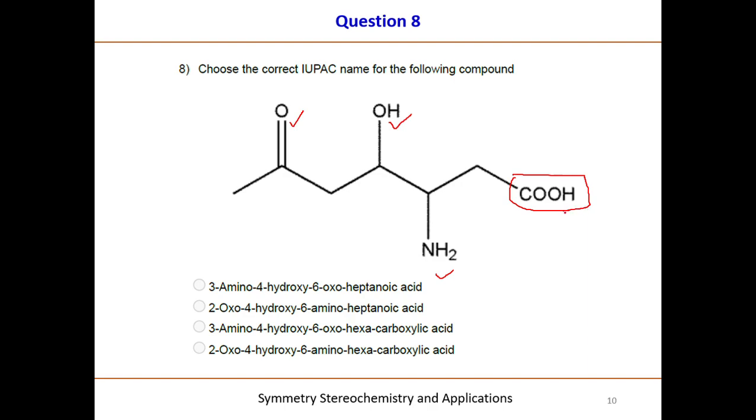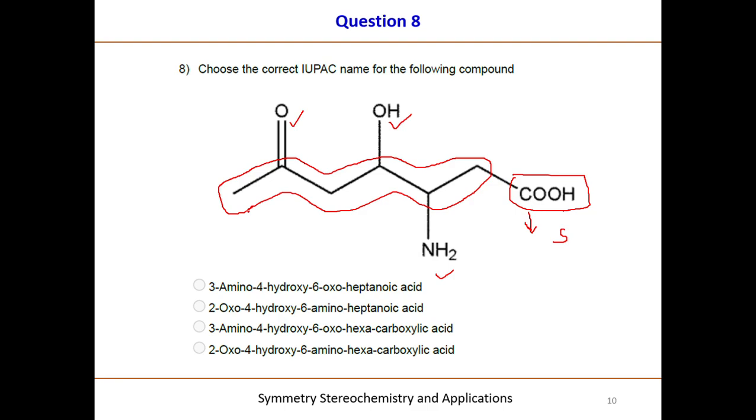It has two oxygens and H. You have to check the priority order of functional groups. You will see acid has the highest priority over ketone, alcohol, and amine groups. So acid is our suffix and highest priority functional group. Now we have to find the parent chain here. The longest linear carbon chain is our parent chain. You can see this is our parent chain.